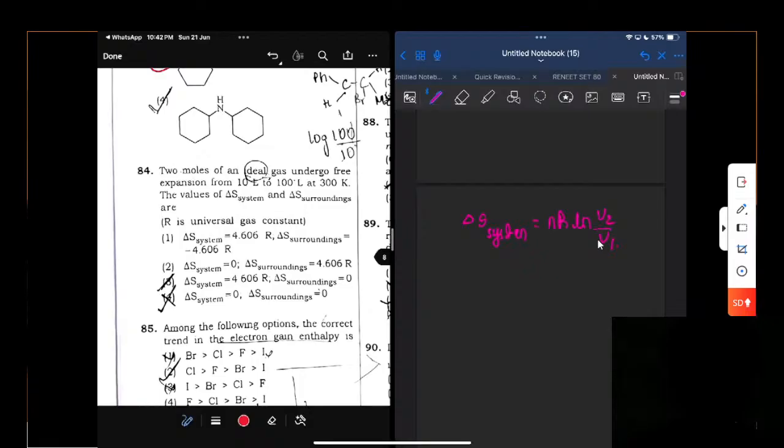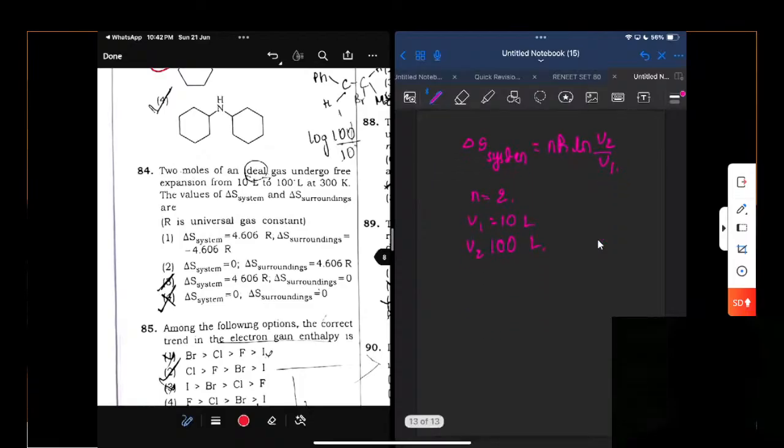What is given in the question? 2 moles of an ideal gas. That means n is given as 2, V1 is given as 10, V2 is given as 100, 10 liter and 100 liter.